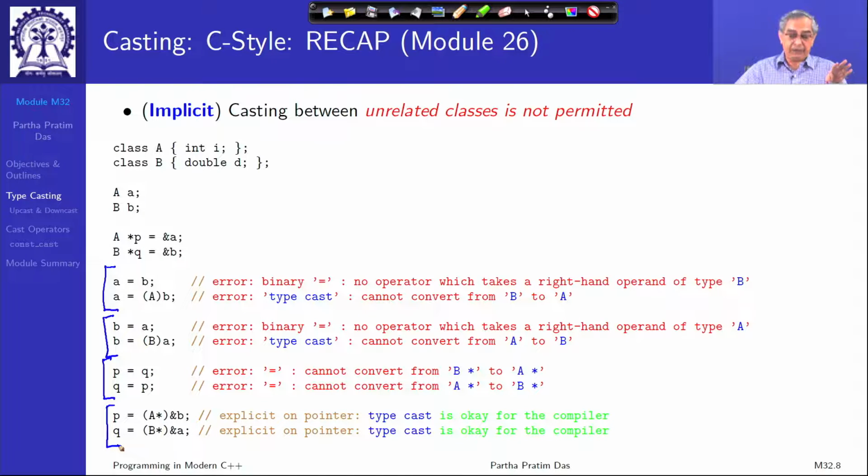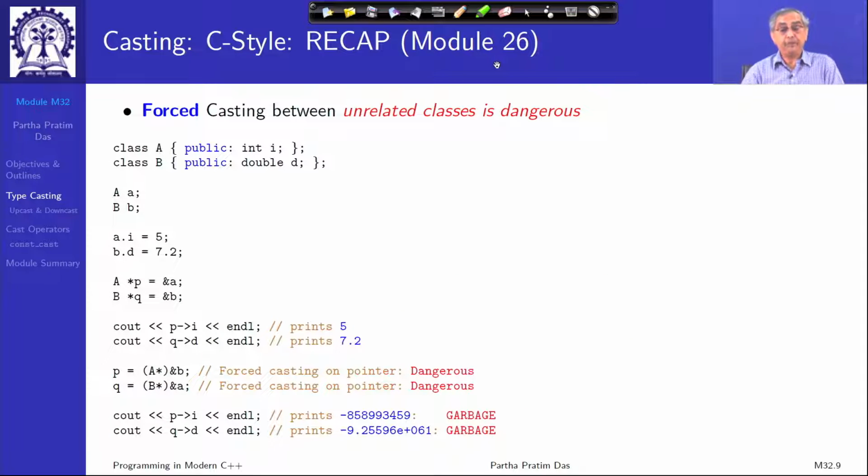Very dangerous, but you can still do it. We will see refinements of this. The reason I am brushing up your memory on this is that in coming to C++, we will have finer rules and finer control for doing this. In C, it was only implicit or C-style explicit. Here we will have minute semantic differences coming in.